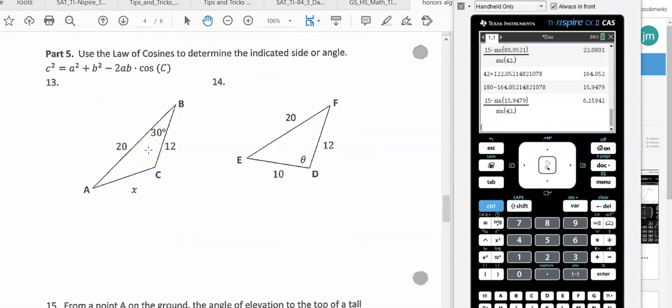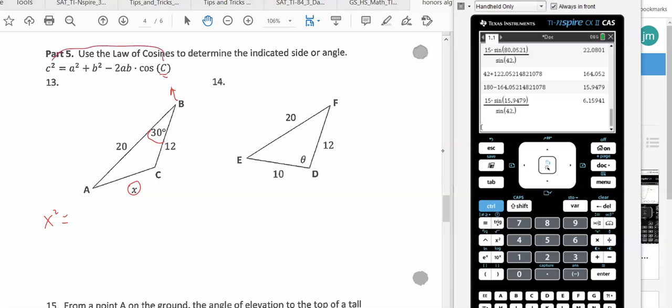Okay, now it's just using law of cosines. So there's two cases, and I don't know which case you consider tougher here. The big thing here, like on this one, the angle has to go in this spot, right? So we know in this case the angle B is our C, so to speak, in the formula, and our little b is opposite the big C. So it's in this form, it's going to be x squared, because that's the side opposite the angle there, and these two are opposite of each other here.